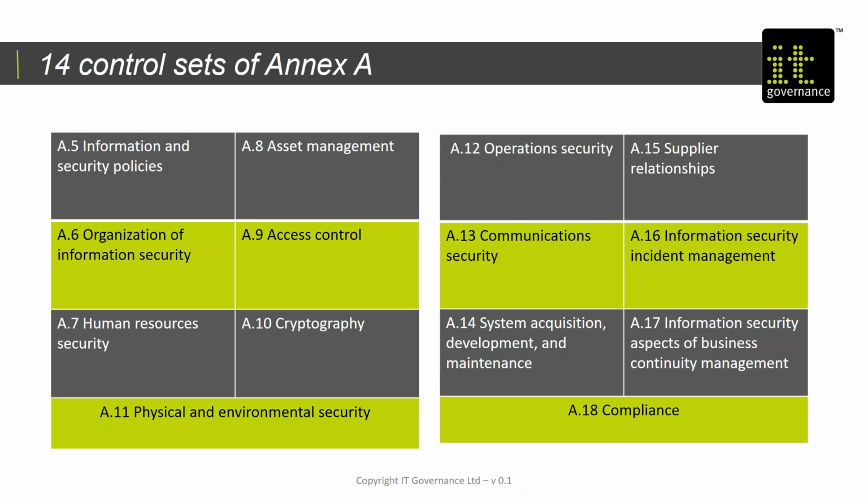Many of the controls, if you read the guidance in the guidance document ISO 27002, you will find that the applicability and scope of any one of the 114 controls under these 14 control categories or control sets, any one of them typically stands well beyond what you might first imagine, going by its title and solely its title.